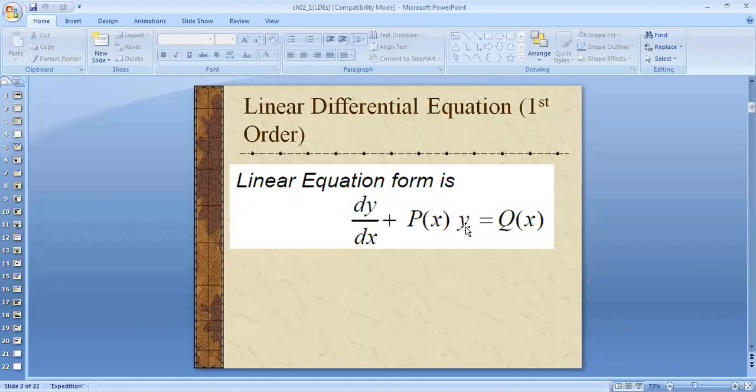There is the coefficient of y, P, and the right hand side, Q. Here P and Q are constants or functions of x only. If they are functions of x, then it will be linear.